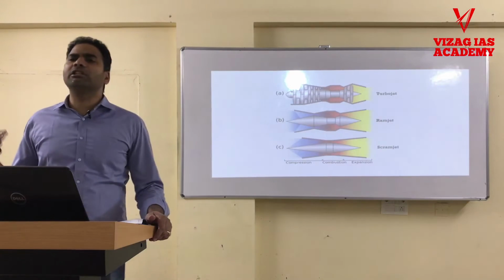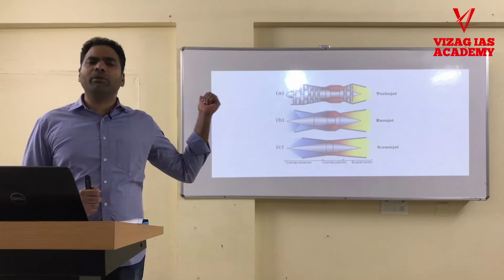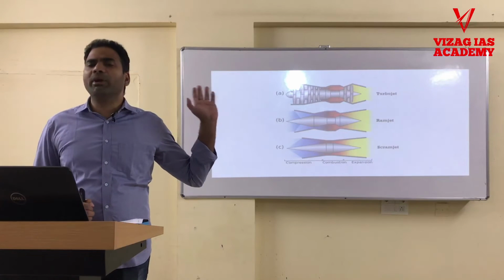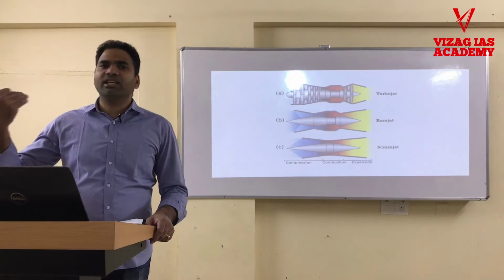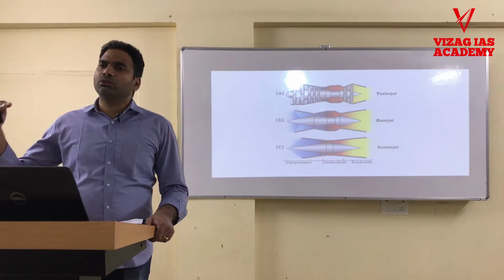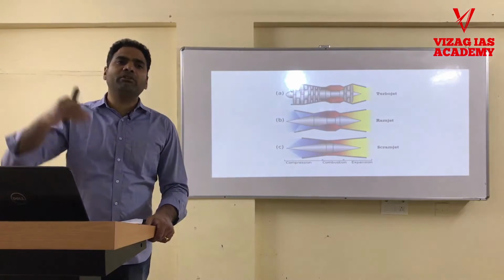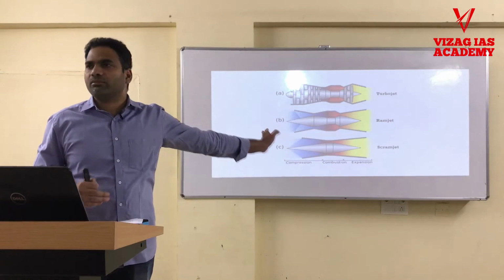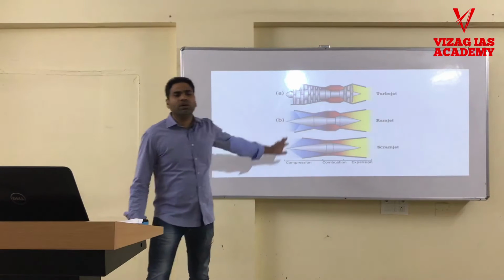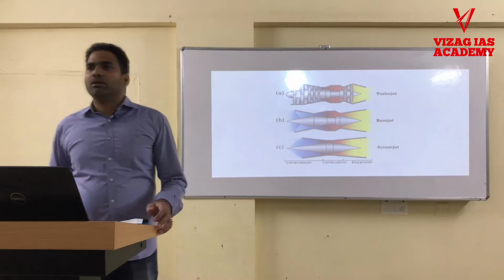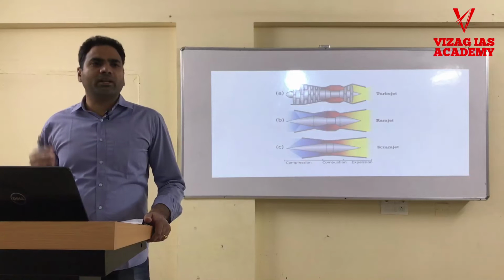Okay. At a normal speed, this cannot be used to compress air. The movement of the aircraft cannot be used to compress the oxidizer. Okay. So the flight should already be moving at a very high speed for this engine to work. Okay. So it alone cannot become your thruster. It alone cannot operate.